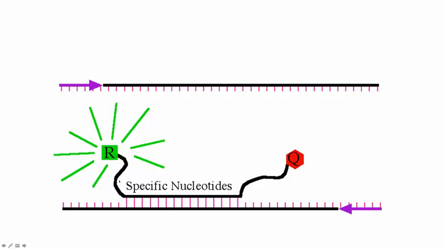So you would have that middle part binding to specific nucleotides and a reporter and a quencher molecule. But now the difference is the reporter and the quencher are separated by a greater amount of distance, and so when it's actually binding to the DNA, the reporter is active and saying, yes, there's a bunch down here.